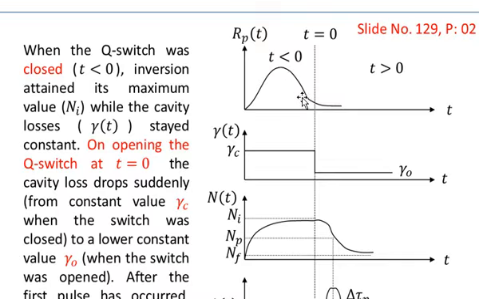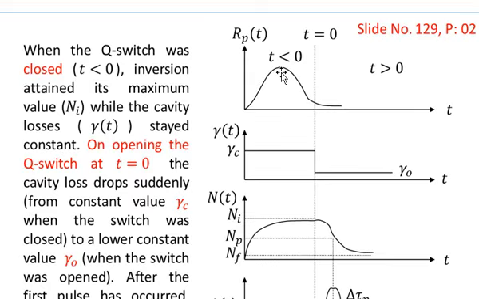And for this region of the pump, which is still a pumping process, but you see that the pumping process is slowing down and is falling to 0, still we have the inversion staying nearly constant, or slightly increased from its value at the peak.